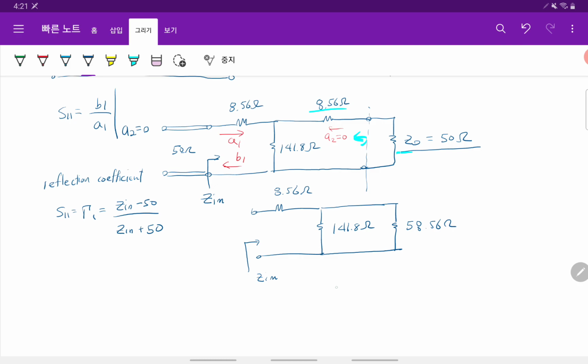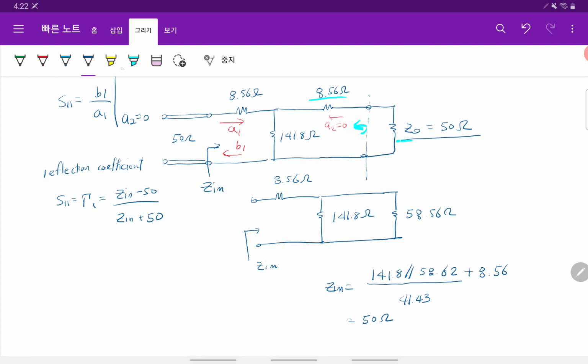So Zin is 140.62 in parallel with 58.56 plus 8.6 ohm, right? So this will be 41.43 plus 8.56, so basically Zin is 50 ohm, right?